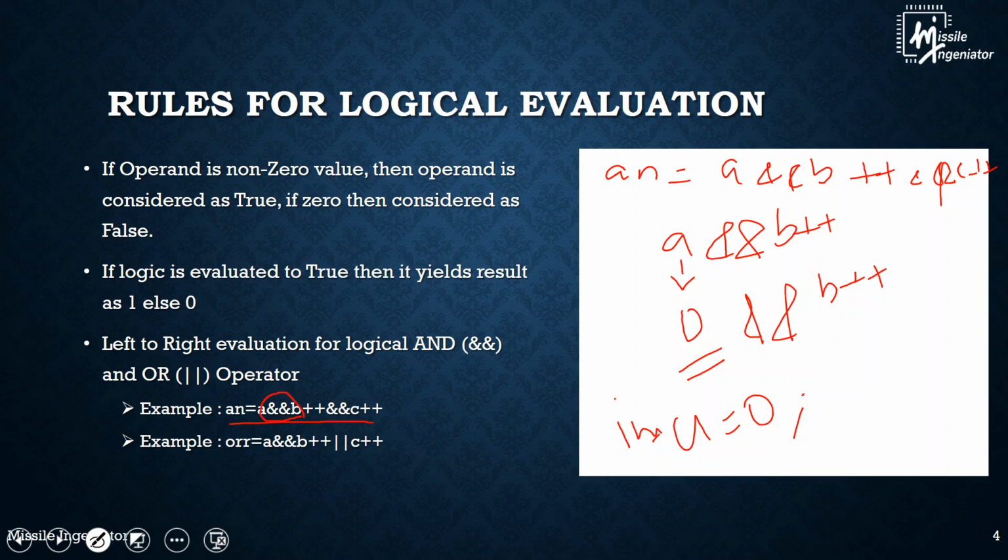Then if you are AND-operating with any operand, it's not necessary to evaluate the other operand, because if any one value is 0 in an AND operation, the result is evaluated to 0.